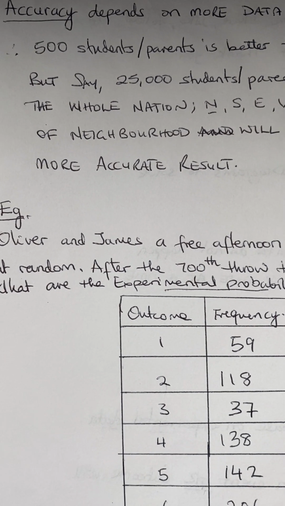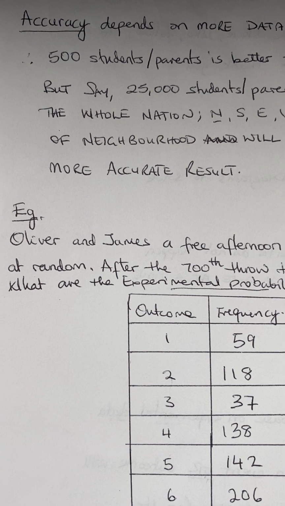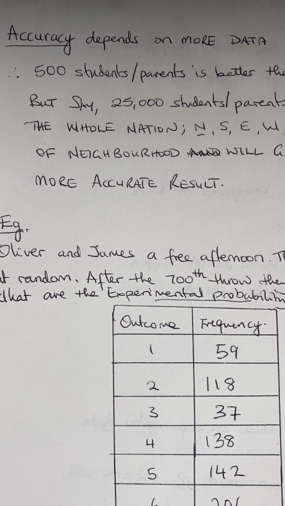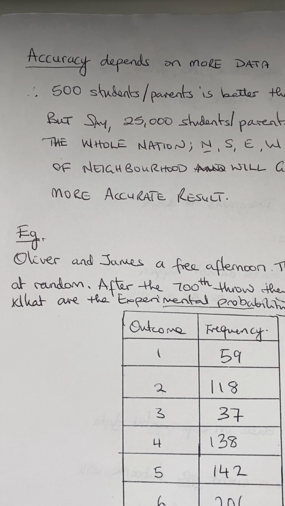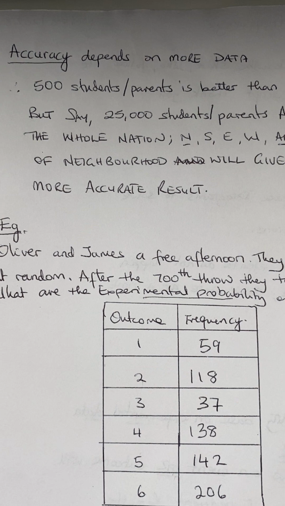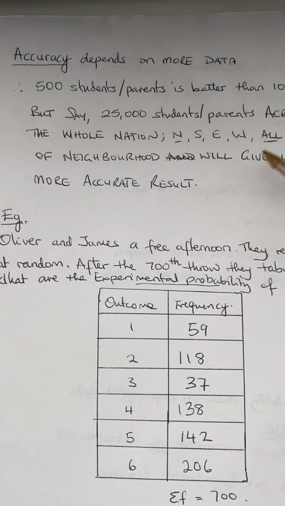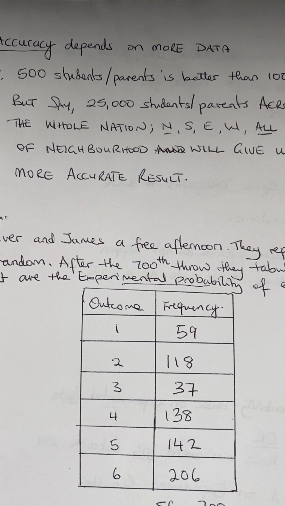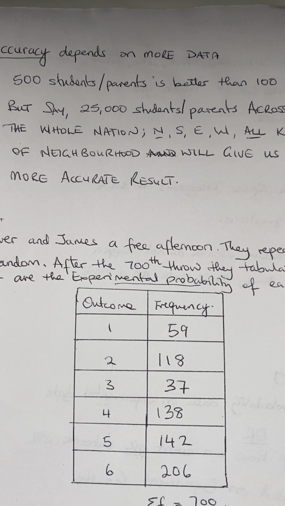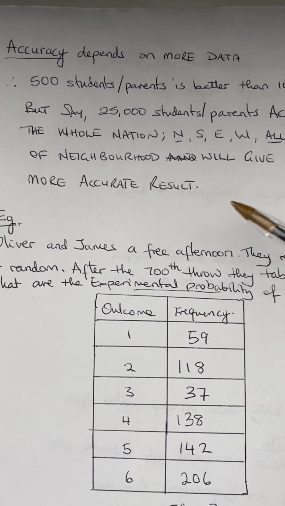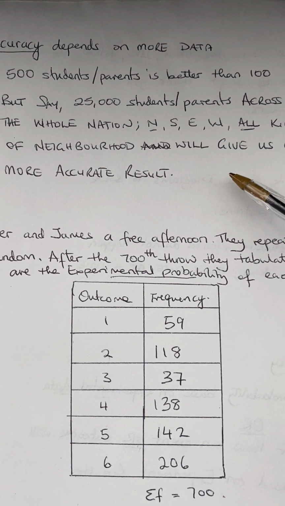You don't need to draw a sample space diagram. All you need to do is to get the result, and if they ask you to explain it, you just say that, well, 64% are happy and the other 34% are not happy with their learning progress. Okay, but if they don't ask you and they just say find it, you get your answer.